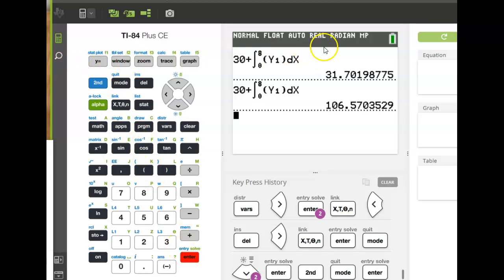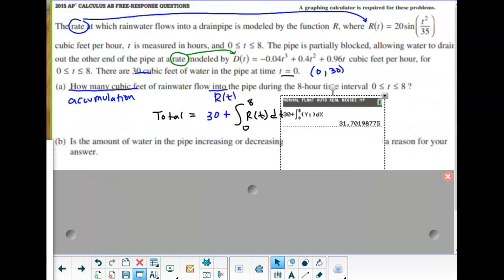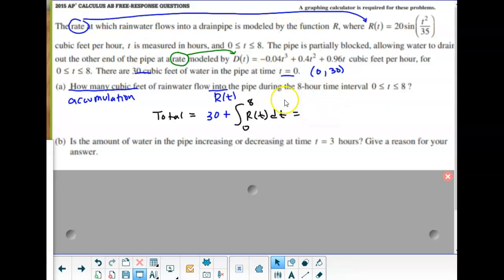Oh, you know why it's not right? The 30. What does the 30 do? Why should the 30 not be here on this one? It's asking for water that goes into the pipe. Even though I highlighted that, did it ask for total?